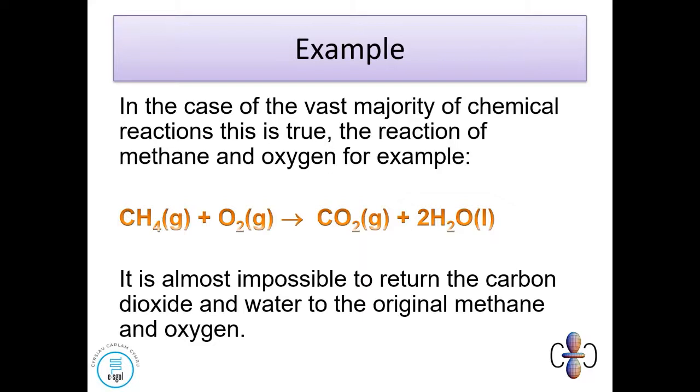And if you can't reverse it, for example, I tell my kids, try untoasting a piece of bread, then it's a chemical change. So burning is classically the one that we know is not reversible, or is understood to be very difficult to reverse at least. So it's almost impossible to return carbon dioxide and water to the original methane and oxygen.